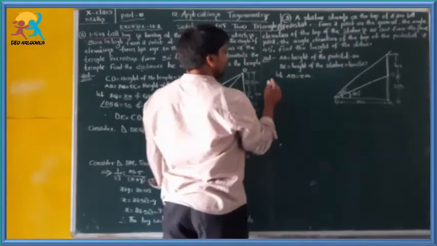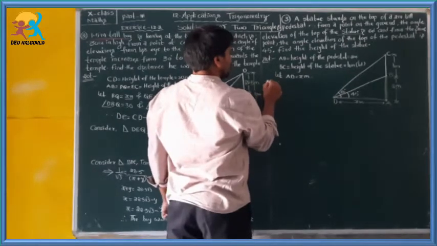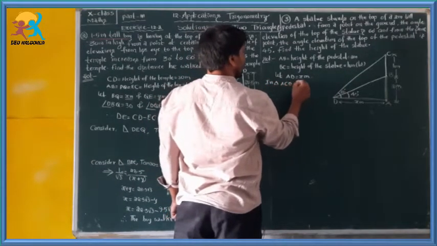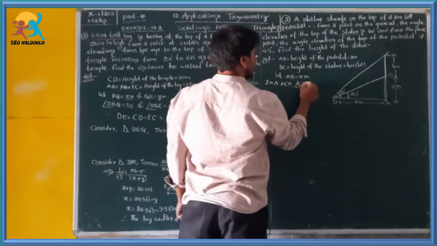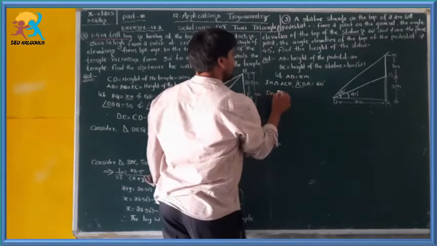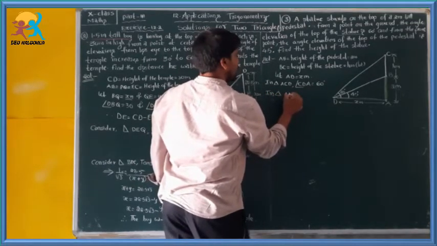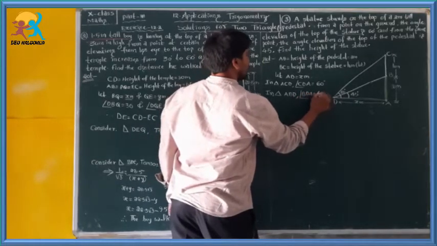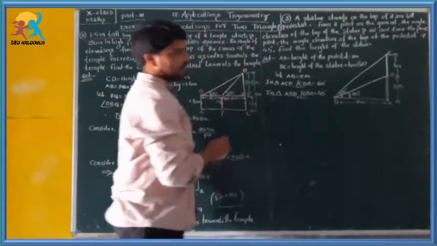And what are the angles of elevation? In triangle ACD, angle of elevation CDA equals 60 degrees, and in triangle ABD, angle of elevation BDA equals 45 degrees. That's very important.